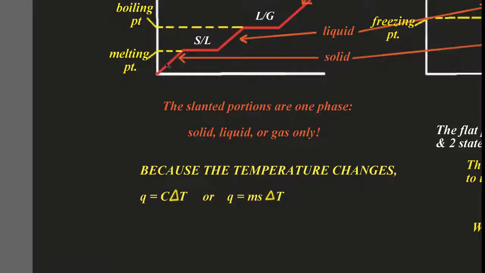That's for the slanted portions, and that's because there are temperature changes. That makes sense. Now for the flat portion, I can't really use this formula because delta T would be 0, and we'd always get 0 enthalpies there. So we have to use a different formula.